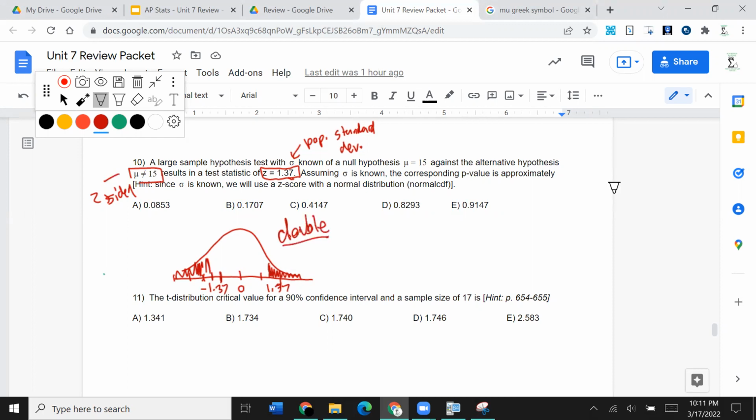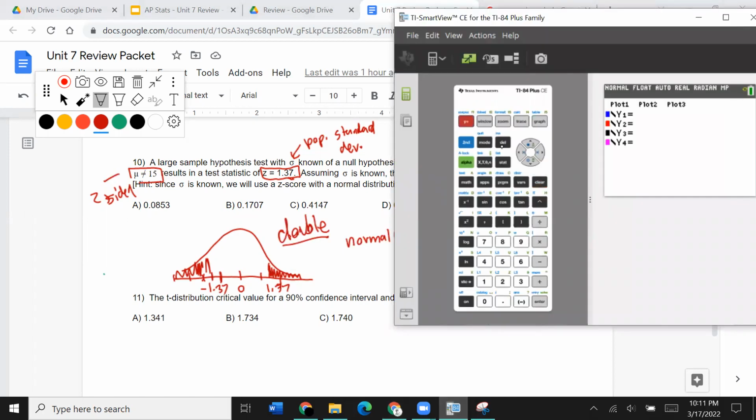So to find this probability, we're going to use normal CDF, since it's a z. So go to second vars, and we're going to do normal CDF. And our lower bound is going to be 1.37. And this is going above it, so I'm going to do 1E99.